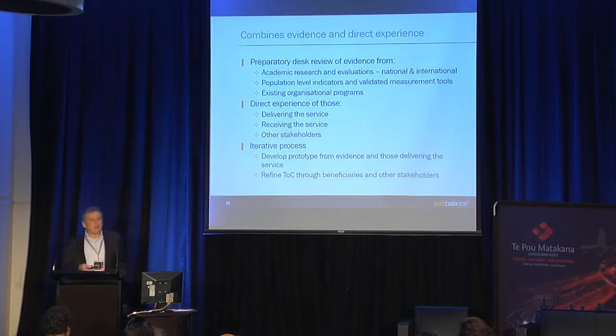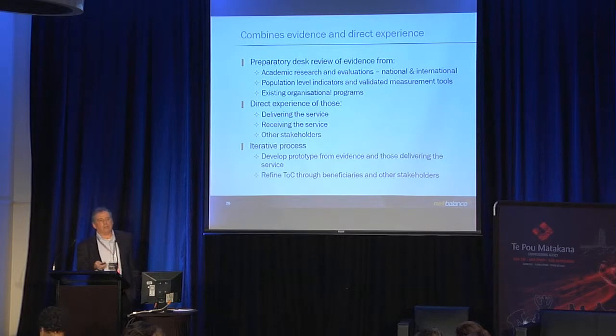So as I mentioned, the theory of change process is all about combining evidence and that direct experience. So from the preparatory work you do, you don't go into it with a blank sheet of paper. You go into it with a good understanding of what's already known about a particular problem, about a particular client group, about a particular intervention.